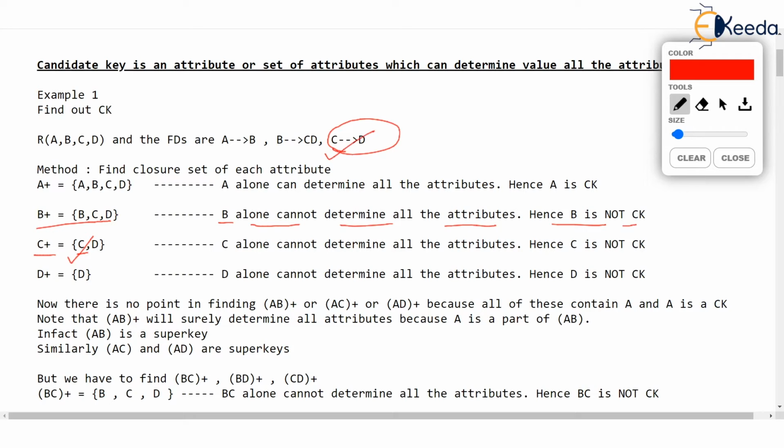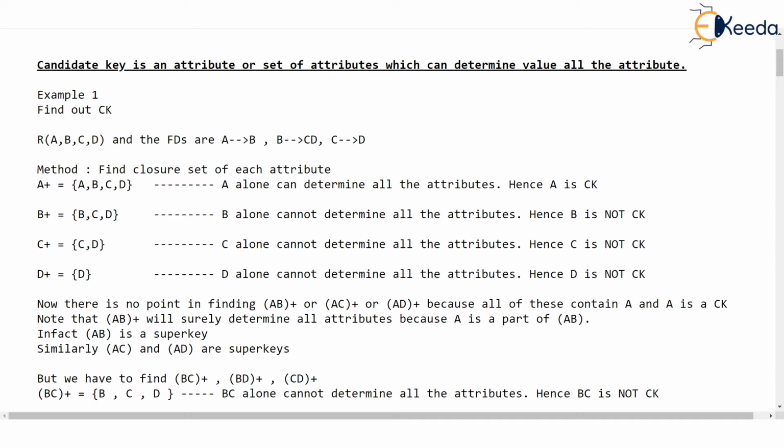And now observe, no more dependencies can be used because neither C nor D is on the left hand side, and neither is the combination of both. So nothing more can be brought in. What that means is C closure contains only two attributes, C and D.